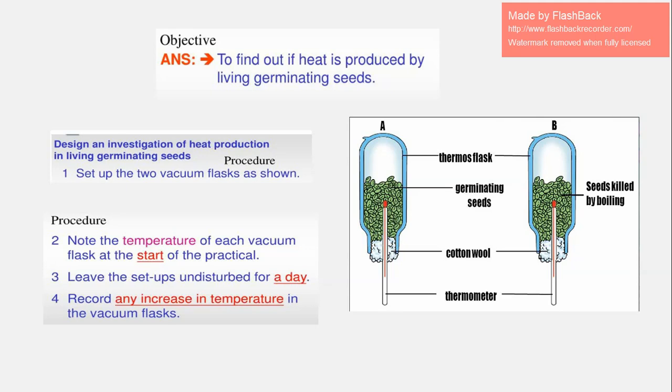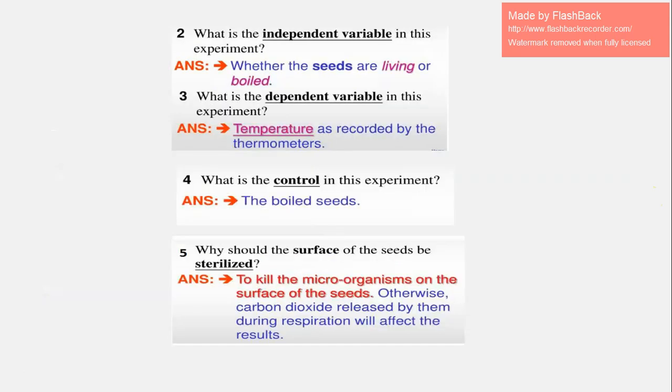Here I'm going to ask you questions. Why do you think that we have boiled seed and we have germinating seed? Boiled seed works as a control to compare what happens with germinating ones. Okay? So, what is the independent variable in this investigation?